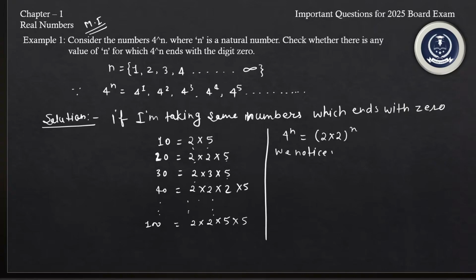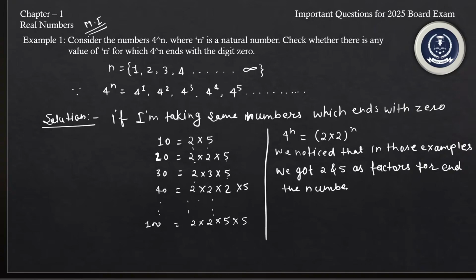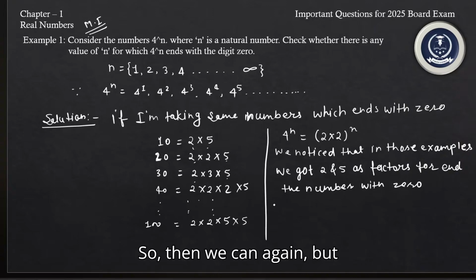We notice that in those examples, numbers that end with 0 have 2 and 5 as factors.